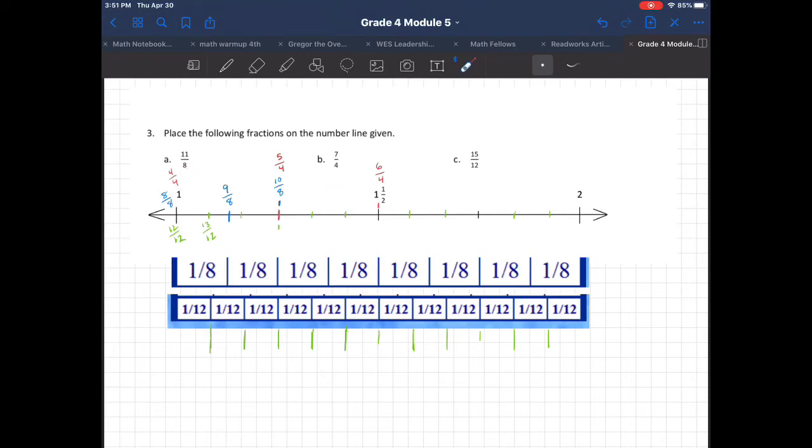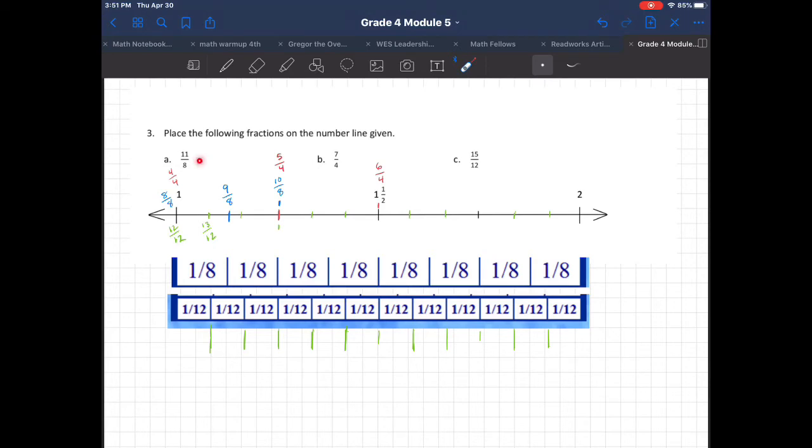So 4/4 is 1, 8/8, and 12/12, and then we're counting up from there. So my blue ones are the 8ths, 8/8, 9/8, 10/8. My red marks here are the 4ths, 4/4, 5/4, 6/4. And of course we could also call this 1 1/4 instead of 5/4.